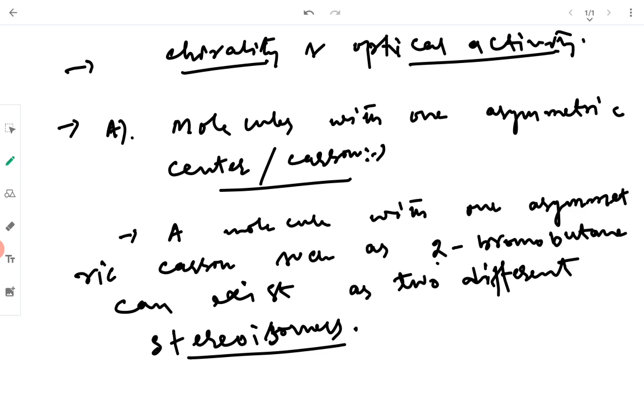For example, we'll take the example of this 2-bromobutane.